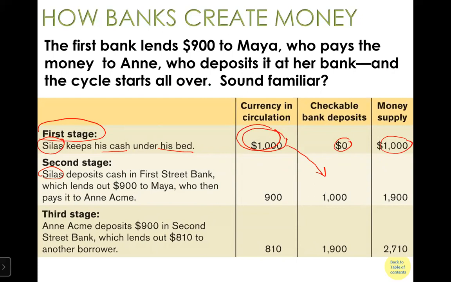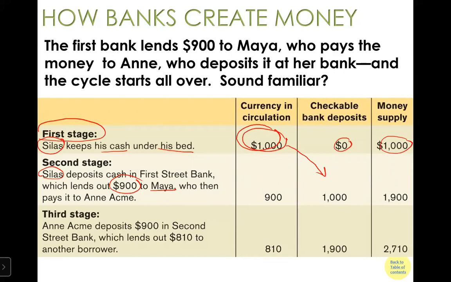The bank has cash, and the bank is going to make new loans so that they can make a profit. So the bank lends out 900 to Maya, and the remaining 100 stays as a reserve.